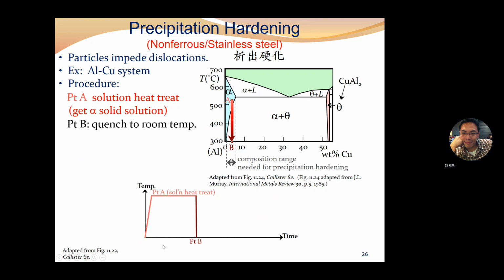And for point B, we change to room temperature.